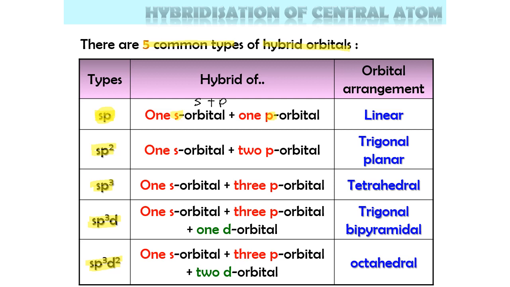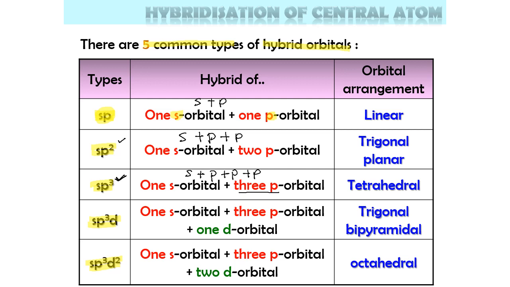So, next one, sp2 pula. Kita consider sp2. S plus 2p orbital. So, tulis p tambah p. So, you will total up jadi sp2. Okay. So, next, sp3 pula. For sp3, you have s plus 3p orbital, means tambah p, tambah p, tambah p, and then you get this new orbital lah, sp3.